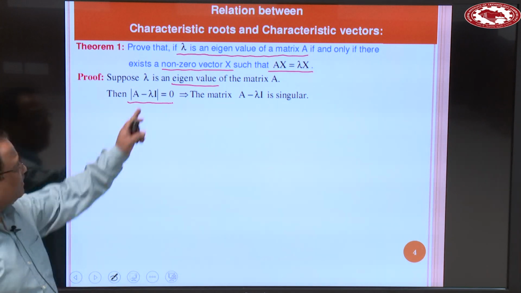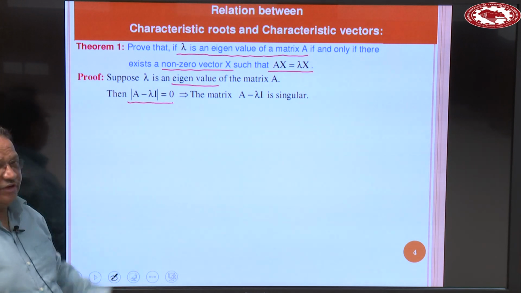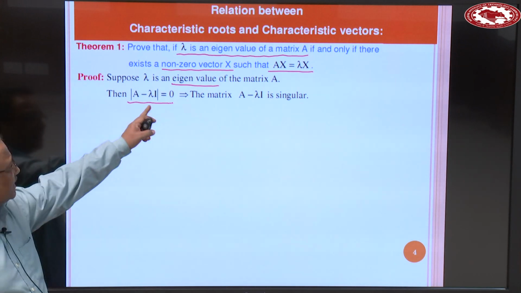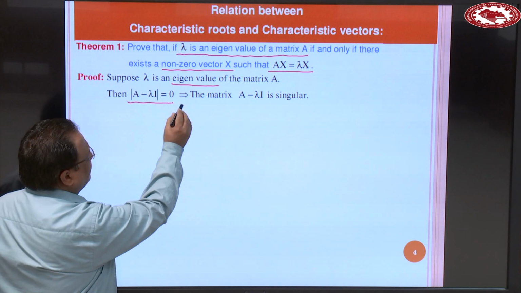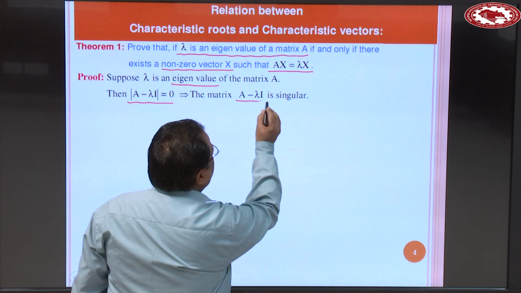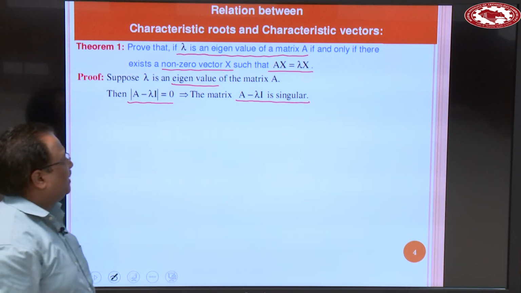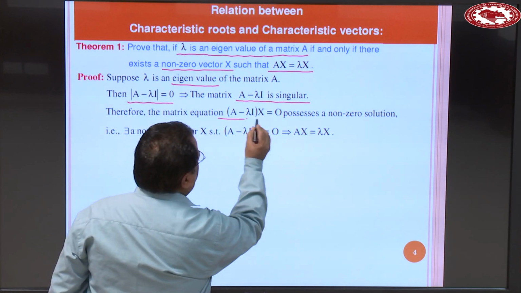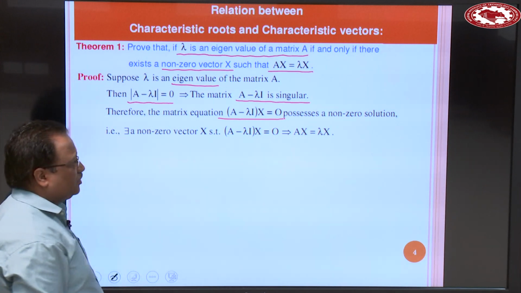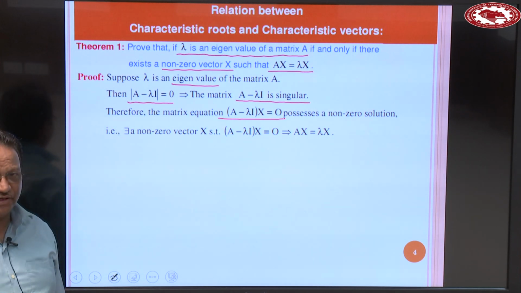If lambda is an eigenvalue of a matrix A, this means determinant A minus lambda I is equal to 0, because lambda is a root of this equation, and this equation is the characteristic equation. This result implies matrix A minus lambda I is singular. Therefore, the matrix equation A minus lambda I x is equal to O possesses a non-zero solution.